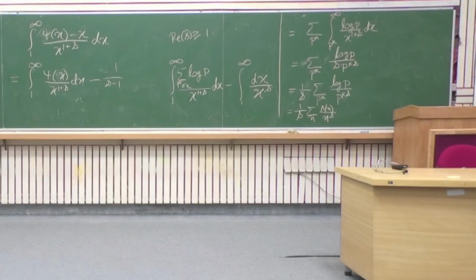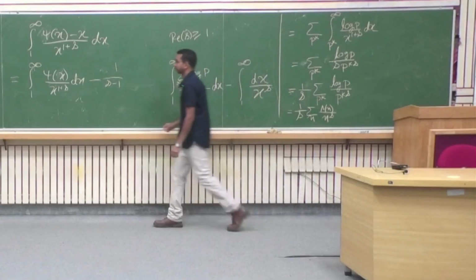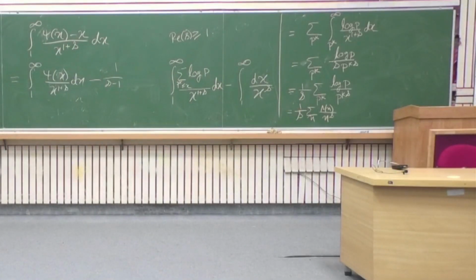This is a sum over log n by n power s, n running from 1 to infinity, right? Can you say anything about the series in terms of zeta? Indeed, yes. If you take a minus sign here, it is just zeta dash.